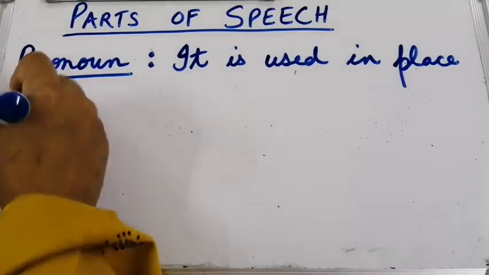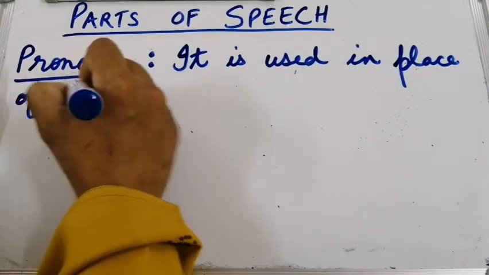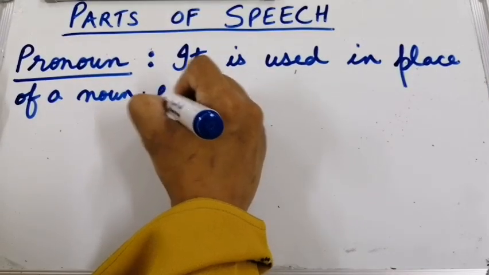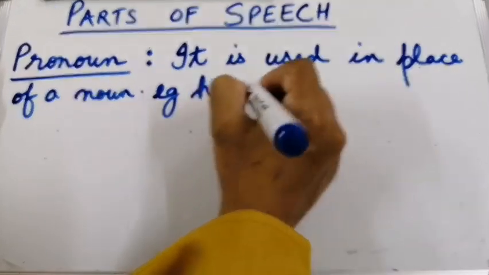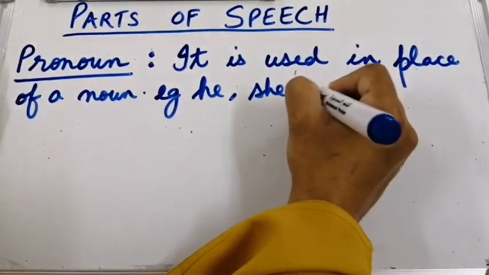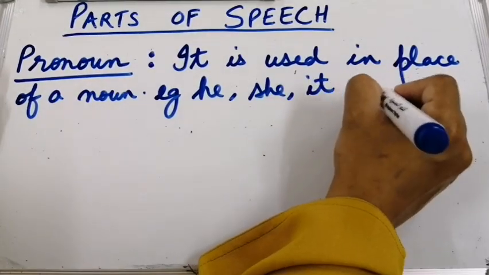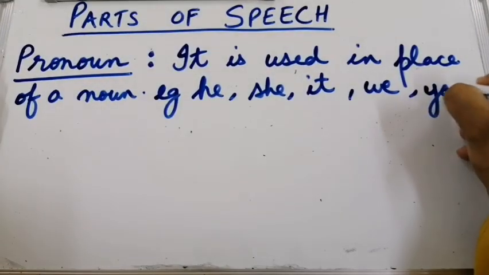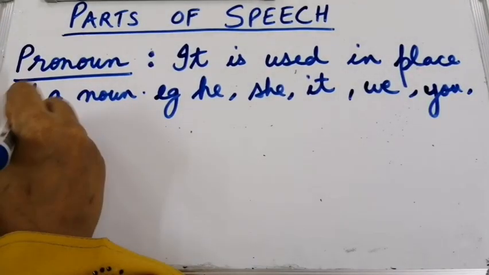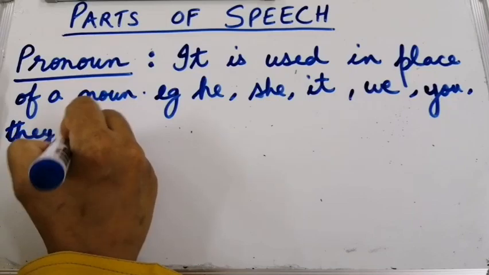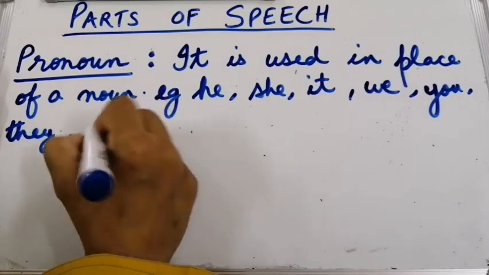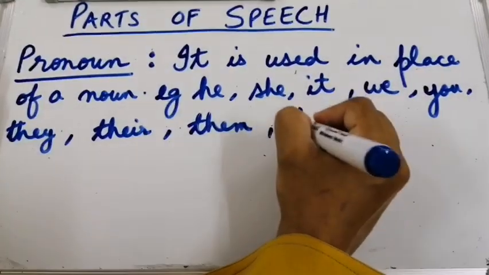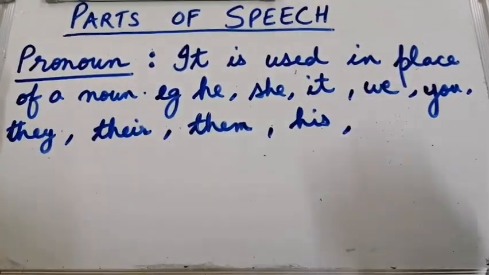What are some examples? Examples are he, she, it, we, you, they, their, them, his, her, etc.